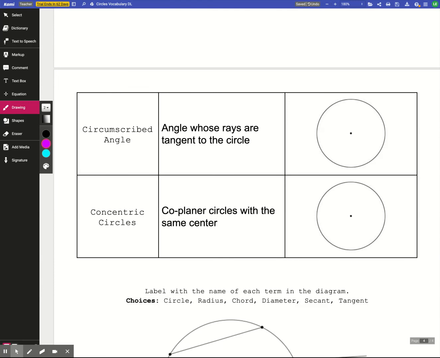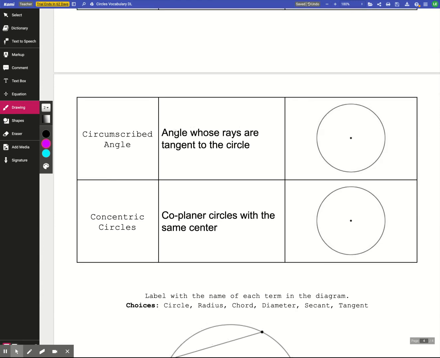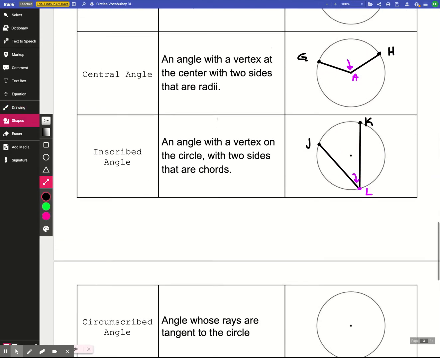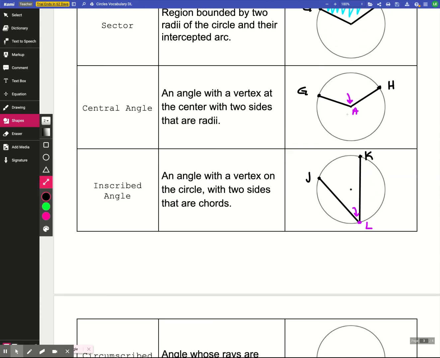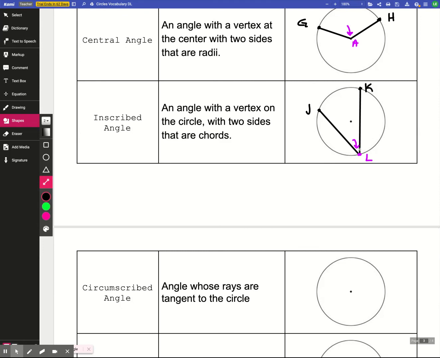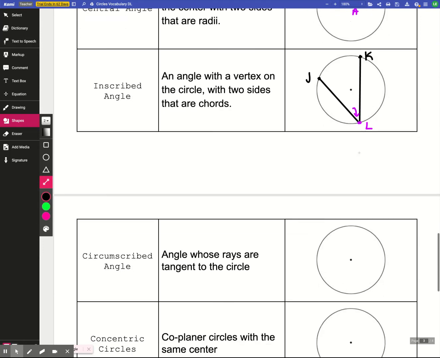Okay, so a circumscribed angle is essentially an angle that happens outside of the circle. For central angles, our vertex was at the center of the circle. For inscribed, your vertex was on the circumference of the circle.